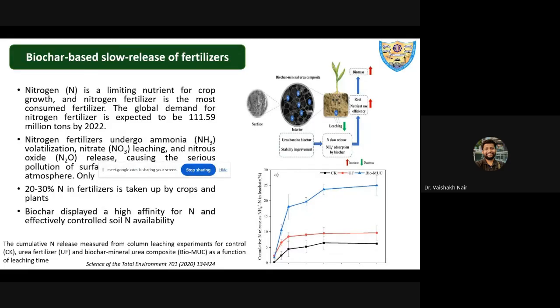If we really optimize, for a soil where 1 kg of urea is used, you can utilize 1 kg of biochar urea. One more advantage is that biochar also has nutrients. Nitrogen is normally present in biochar, so that also acts as a source of nitrogen.